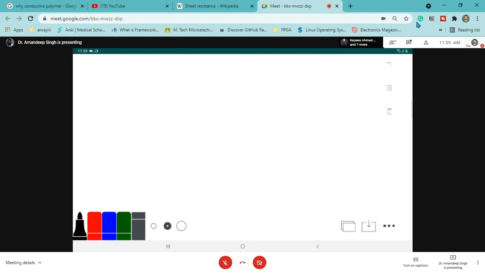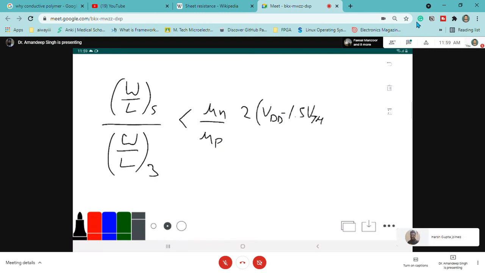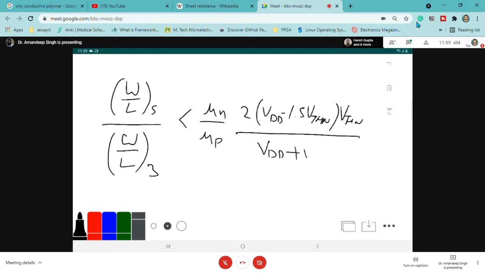So we can write the same thing this way, with the same equation, that W by L of 5 divided by W by L of 3 will be mu n by mu p into (VDD minus 1.5 V threshold of n) into V threshold of n divided by (VDD plus V threshold of p) whole square.